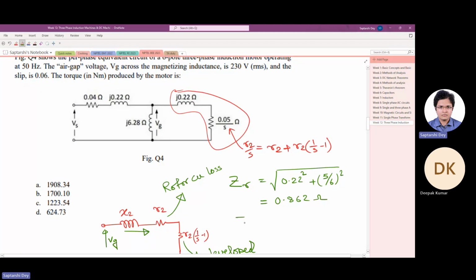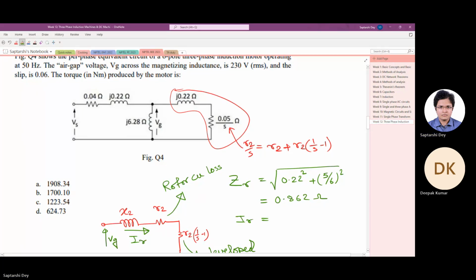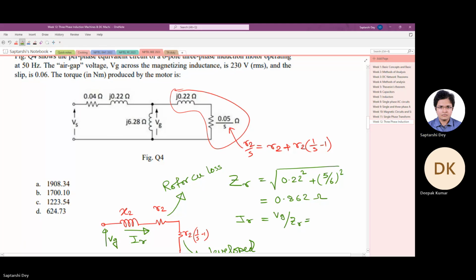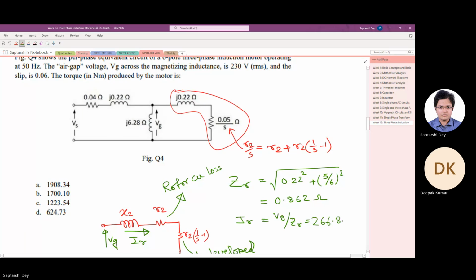So definitely the rotor current that is flowing, this IR, is 230 by this. So this is Vg by Zr, 230 by this, 266.86 ampere.